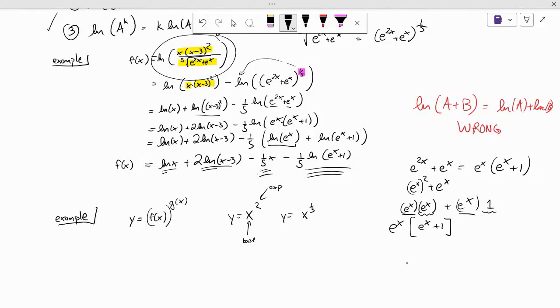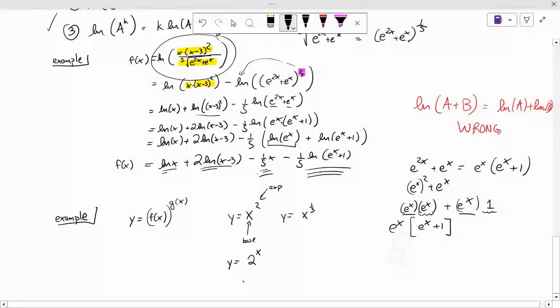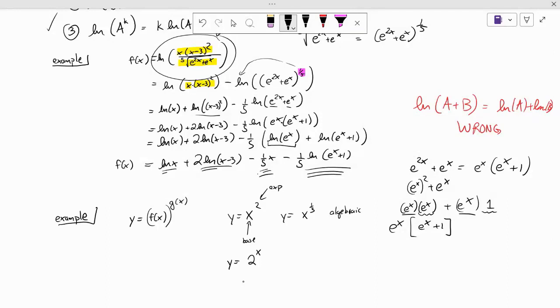We have rules for using calculus on such functions. You have other functions where you have a base which is a constant, and it's the exponent that's the variable. These would be algebraic, but these are called exponential. They're two different species of function, but we have rules for calculus for both of these.